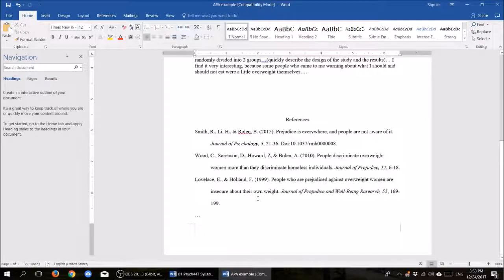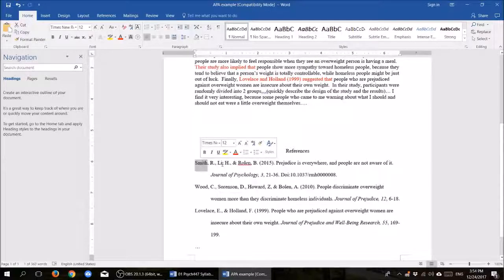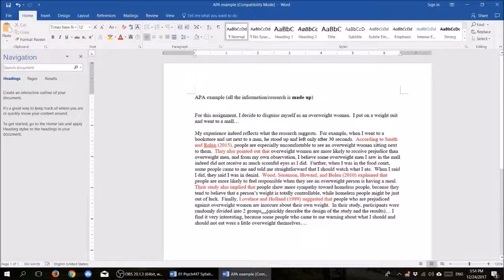Now the next thing I see will be to examine if those references are cited in the paper. That's very important. So for example, I want to see if this study, Smith, Lee, and Roland, is cited in the paper. Let me see.